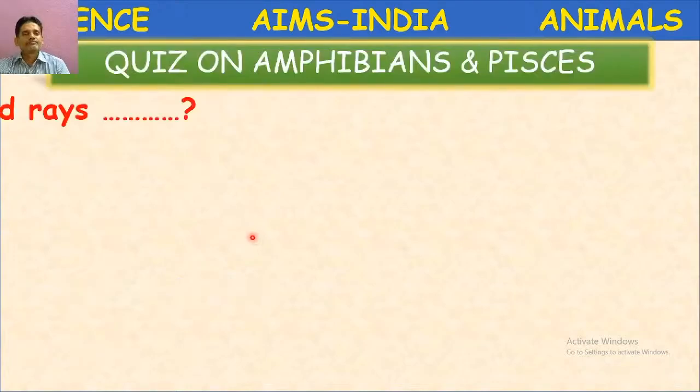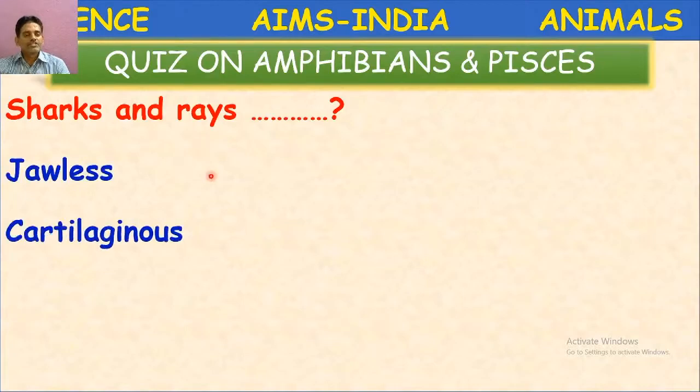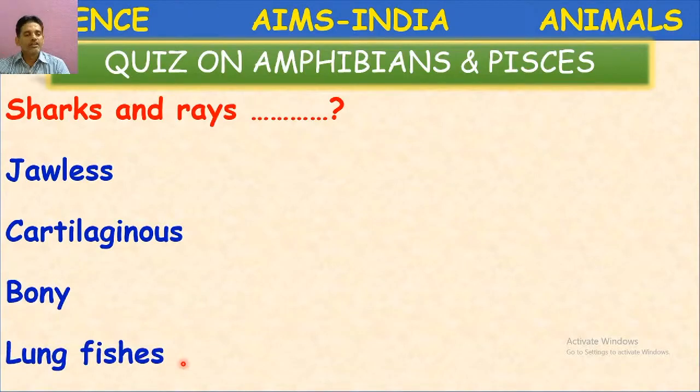Next, sharks and rays. These are which type of fishes? Jawless, cartilaginous, bony, lung fishes. The lung fishes are called dipnoid fishes. So here, jawless fishes, Petromyzon and Myxine, hagfishes they are called.